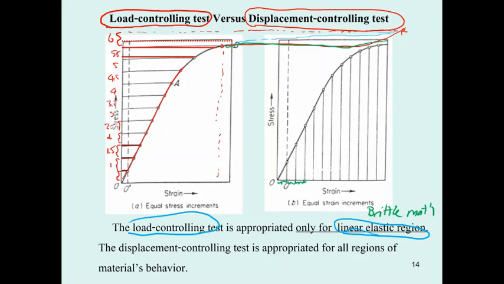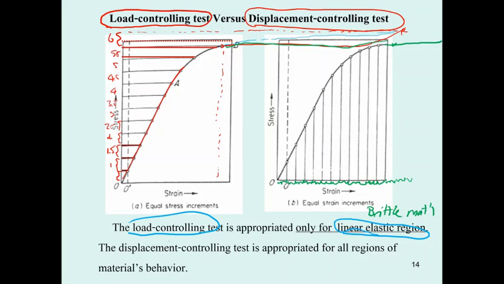30, read the load. 40, 50, 60, 70, 80, 90, 100, 110, 120. And you may see, even though the material has this kind of yielding, the displacement controlling test will give you all the required data points along this, and you will get the exact curve as you like.